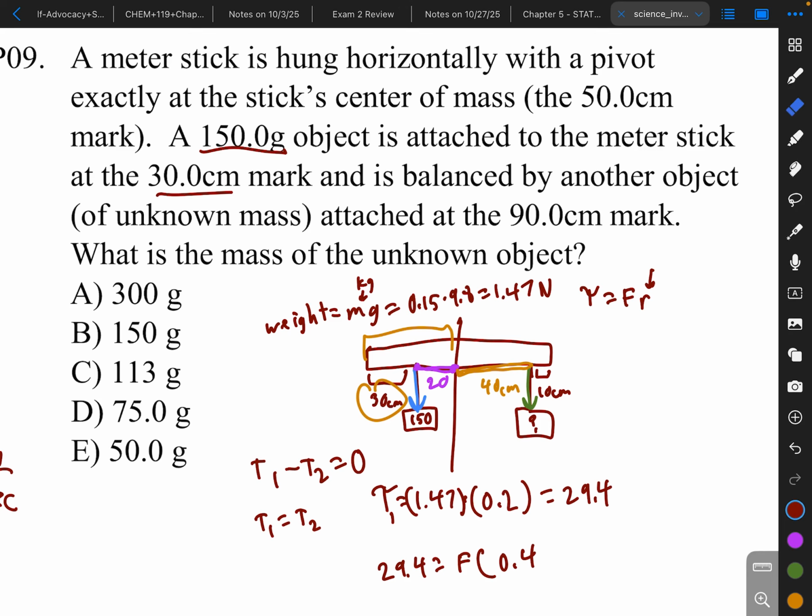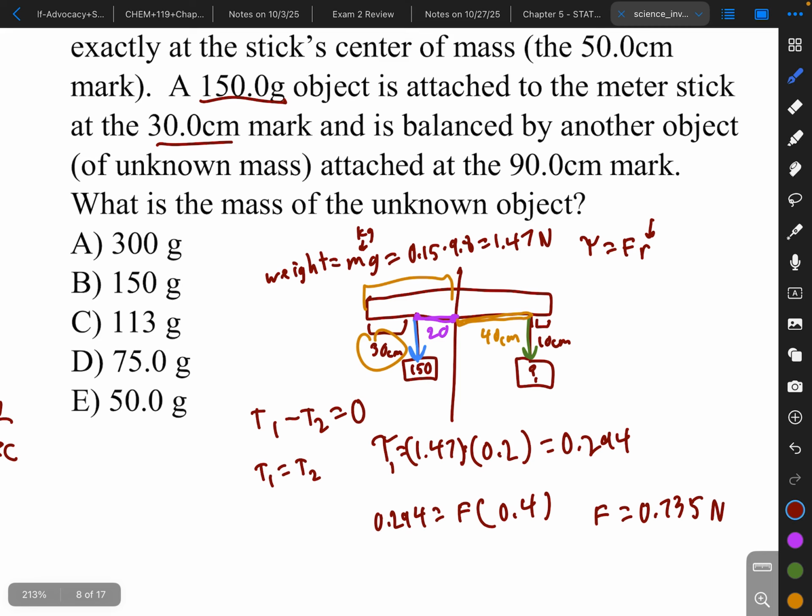You would get 1.47 times 0.2. This should actually be 0.294. So 0.294 divided by 0.4. The force applied by the object should be 0.735 newtons.